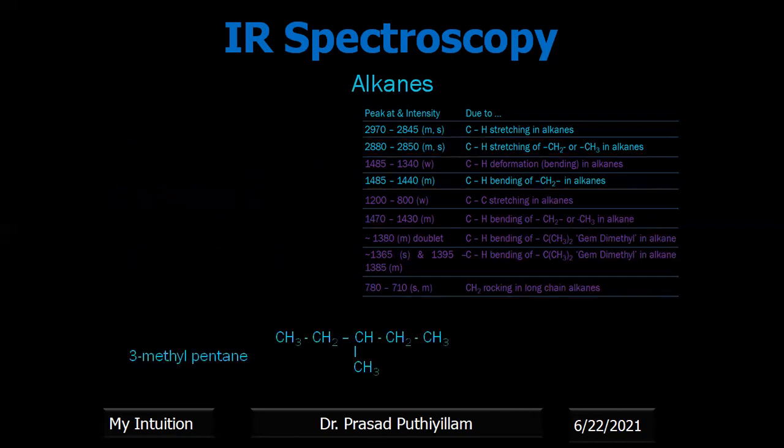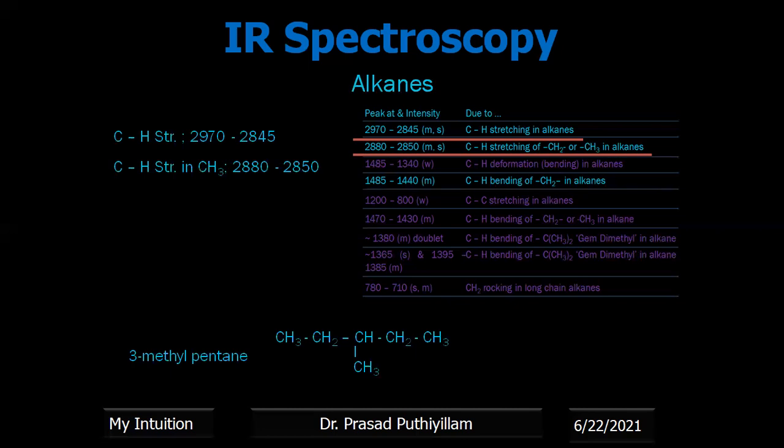One more example, that is 3-methylpentane. So it is a pentane molecule. The parent chain is pentane, 5 carbon atoms, and at the third position we have a methyl group, and it also gives the same values or nearby values in that range. Small variation will be there, so I'm giving that in this range we will be getting a CH stretching vibration peak, in this range 2970 to 2845.